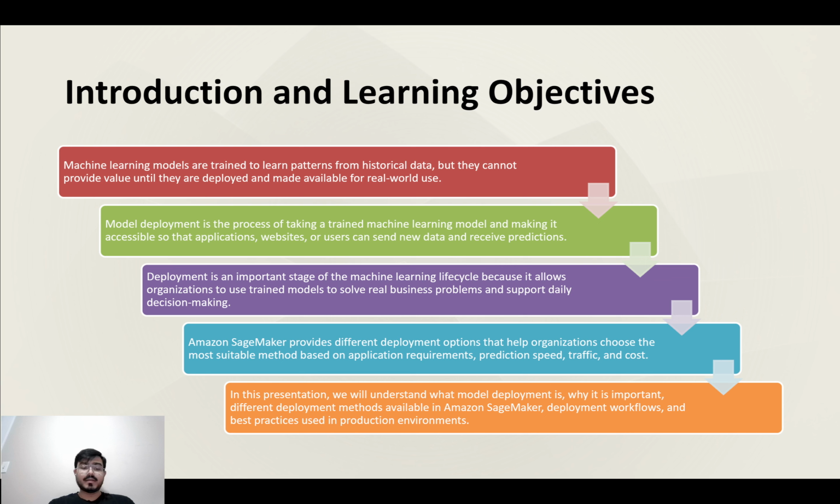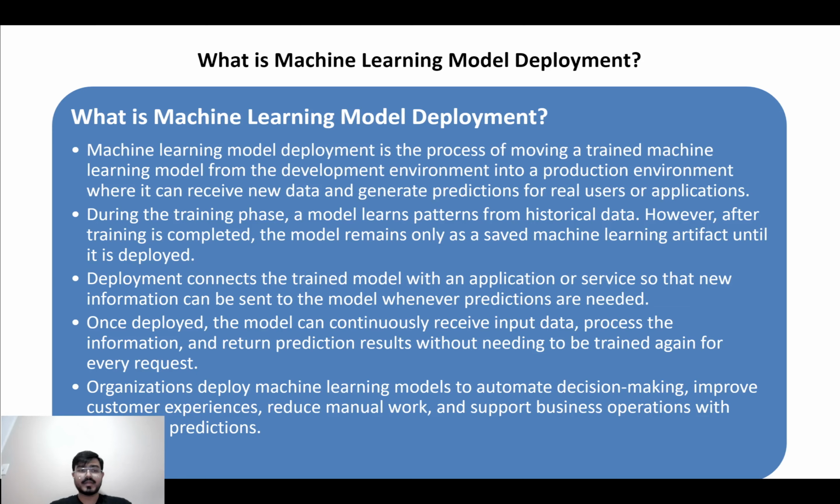Without deployment, this would never happen because the trained model would remain inside the development environment. During this presentation, we will learn different deployment methods, understand how Amazon SageMaker helps organizations deploy machine learning models, and explore where these techniques are used in real business. So let's move to the next slide.